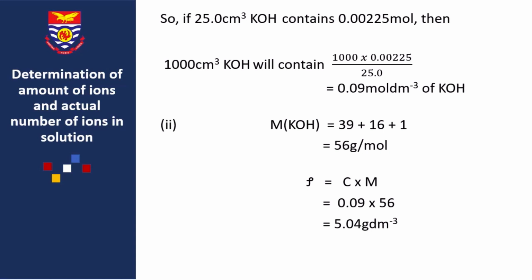So we first find the molar mass of potassium hydroxide from the atomic masses, and that gives us 56 grams per mole. We do our substitution into the relation for rho, the mass concentration, and that gives us 5.04 grams per cubic decimeters.